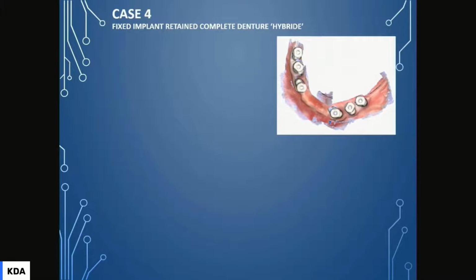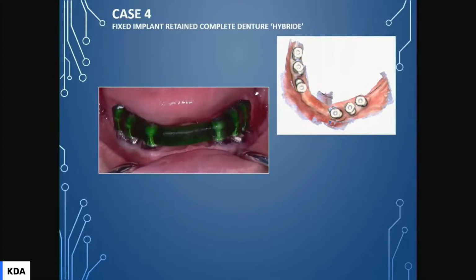So let's see a hybrid case. This is a case that came to me. It's a single arch. We took an abutment level scan with the use of multi-unit scan bodies. Then we verified our scan using the 3D printed digital verification jig.